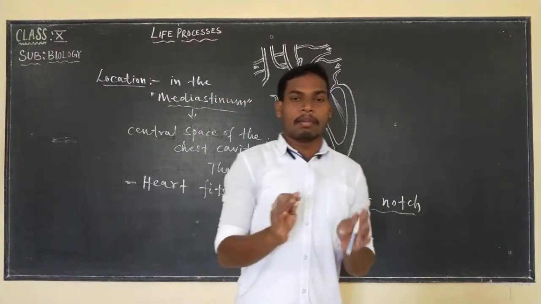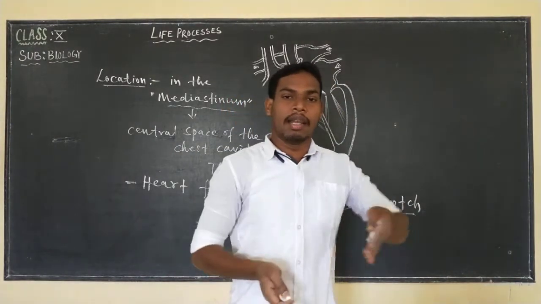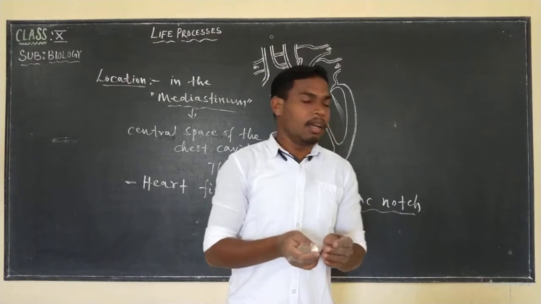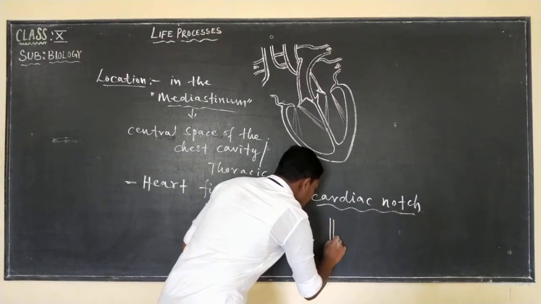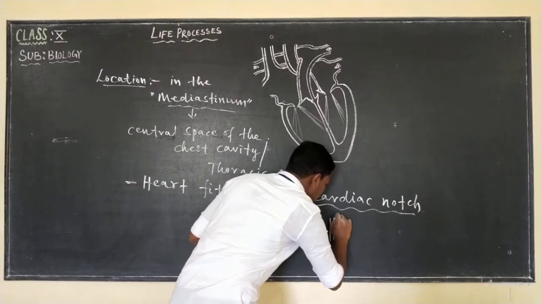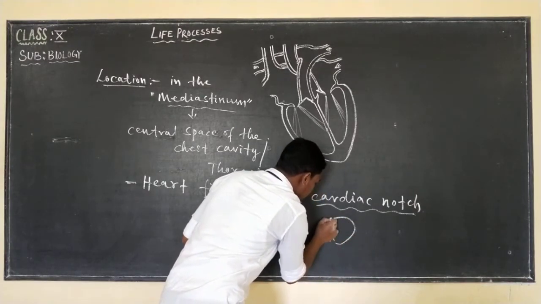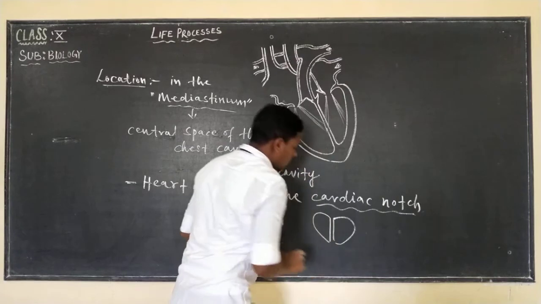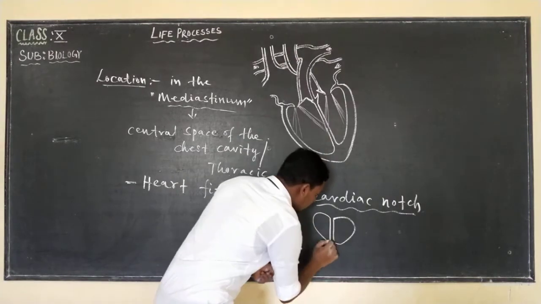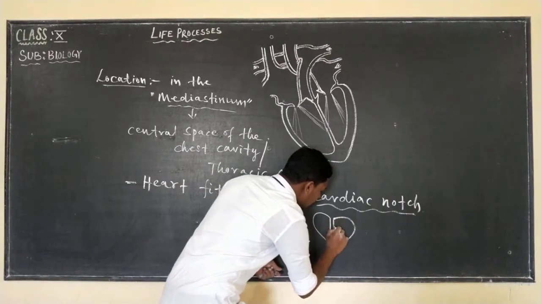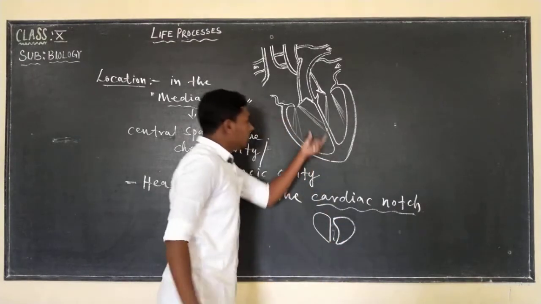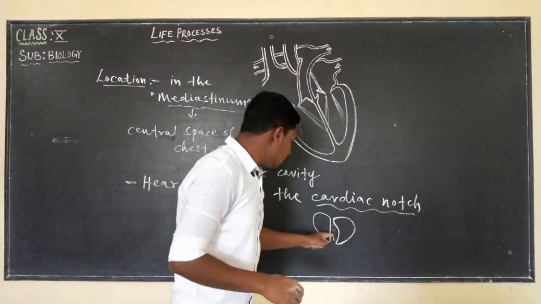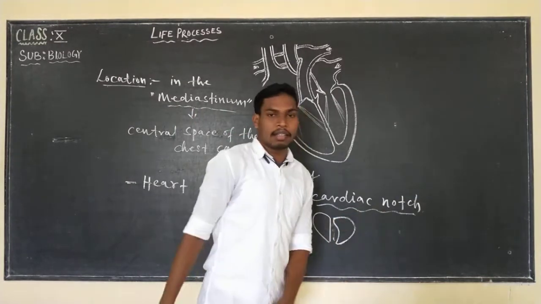The cardiac notch is nothing but the depression in the left lung. For example, these are two lungs. The left lung has a depression where the heart fits. That depression is known as the cardiac notch.